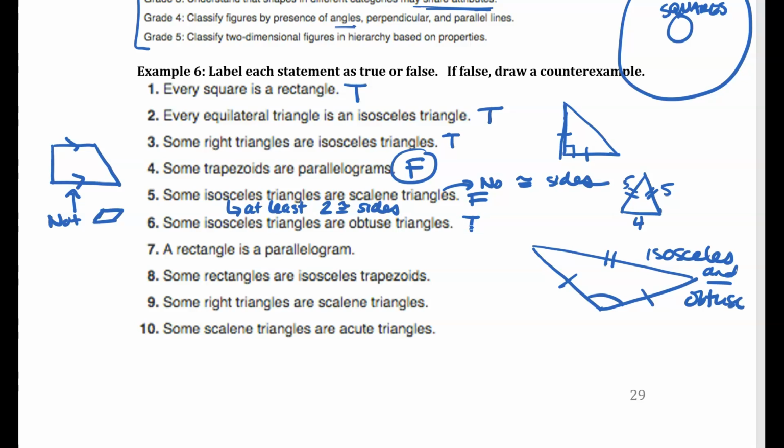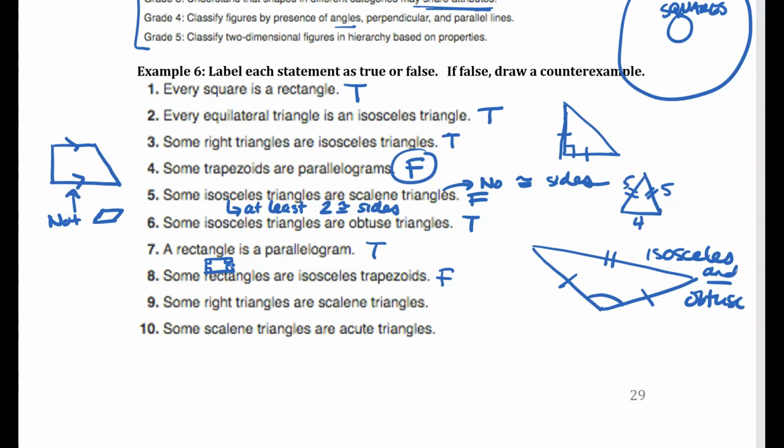A rectangle is a parallelogram. So parallelogram is a 4-sided figure where opposite sides are parallel, and that's true of a rectangle. So I would say true. Some rectangles are isosceles trapezoids. False. All rectangles have 4 sides, and opposite sides are parallel because if you have 4 right angles, they have to be parallel.